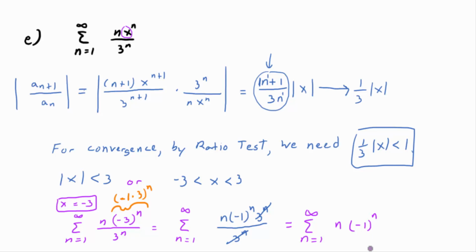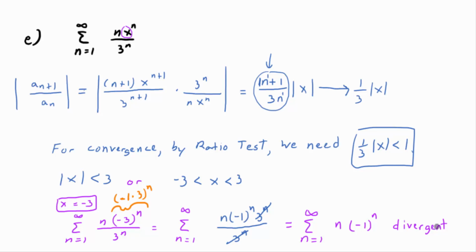Is that going to converge? It does alternate, but the b_n is n, right? Certainly that's not decreasing, first of all. So that's one clue right there that it's not going to converge. So this is divergent. Now, when I say it's divergent, I don't mean it diverges to infinity or negative infinity. If you think about it, it alternates between numbers approaching infinity and negative infinity, so it actually doesn't even have a sum.